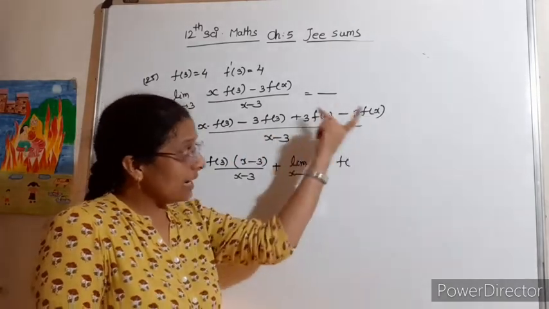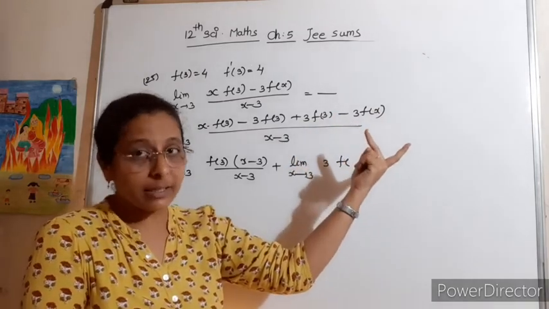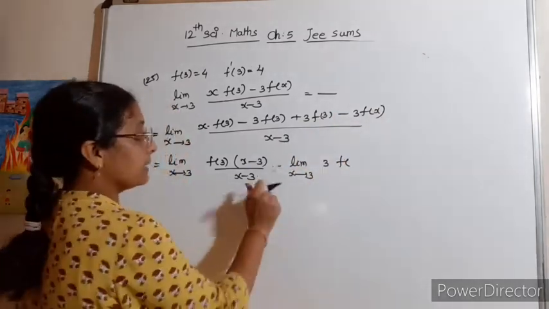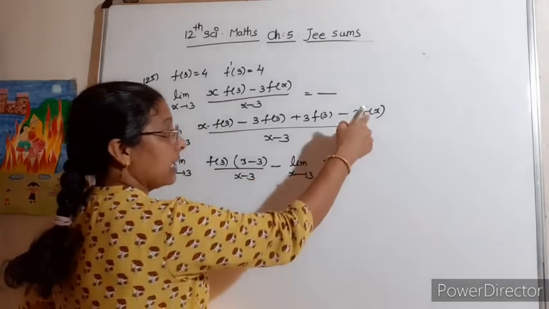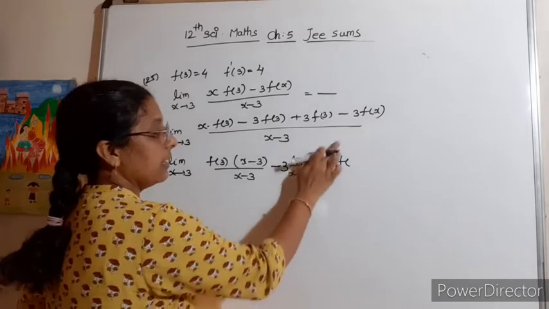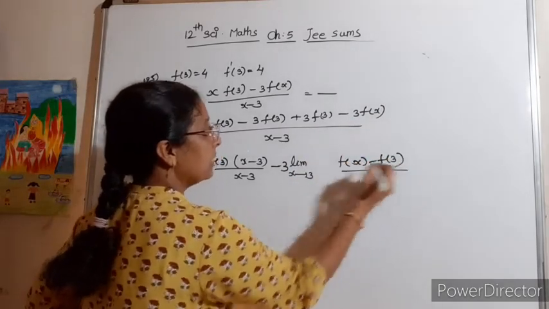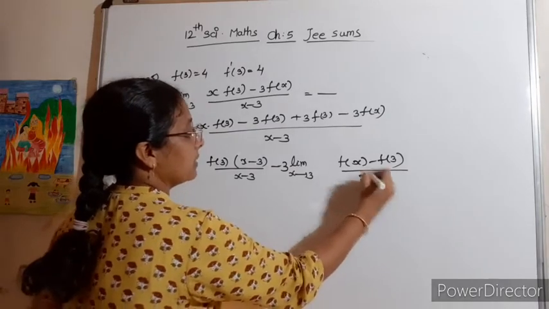So first of all I will take minus common और उसको मैं ऐसे ही लिख दूंगी जो मुझे चाहिए वैसे. So प्लस माइनस माइनस करके I will take, ये 3 को हम बाहर ले लेते हैं, and f of x minus f of 3 upon x minus 3.